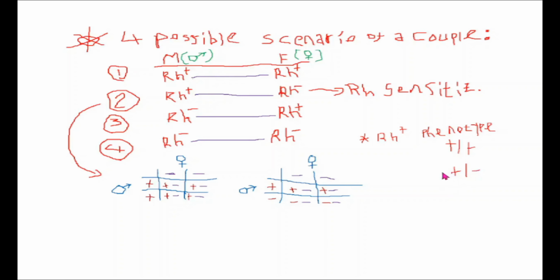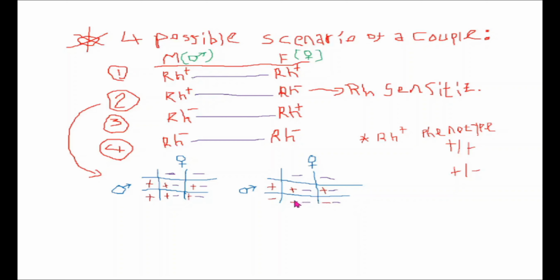The other genotype, considering the male having this genotype plus minus and the mother is already minus minus, then if plus from male and minus from female, then the baby will be plus minus. In this case also the same is true, plus minus. If from the father it is negative and from the mother it is negative, then in these cases, the babies will be minus minus and there will be no problem.